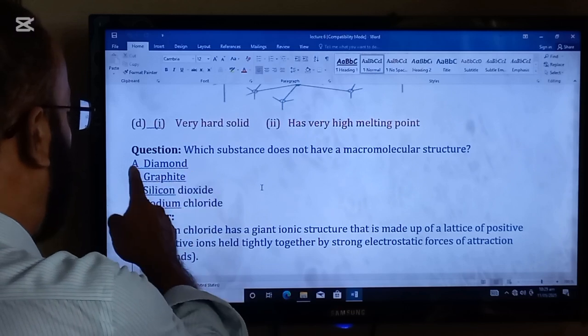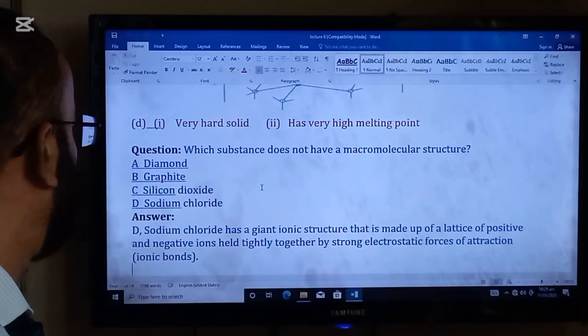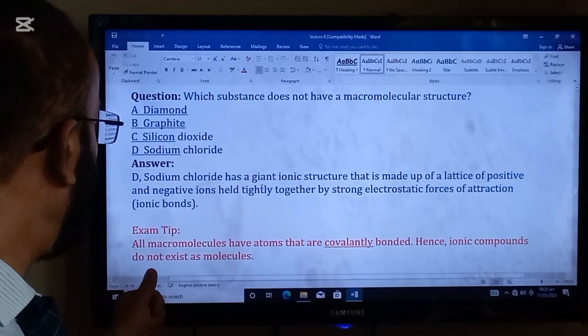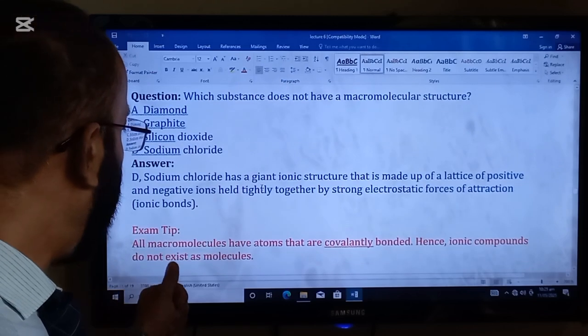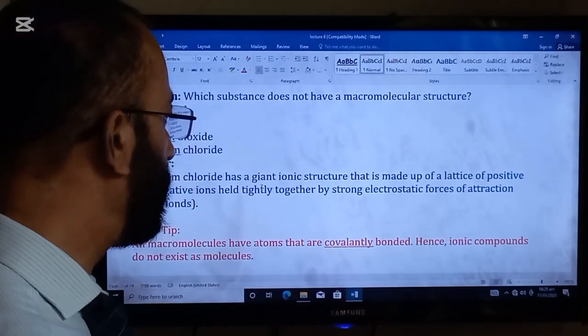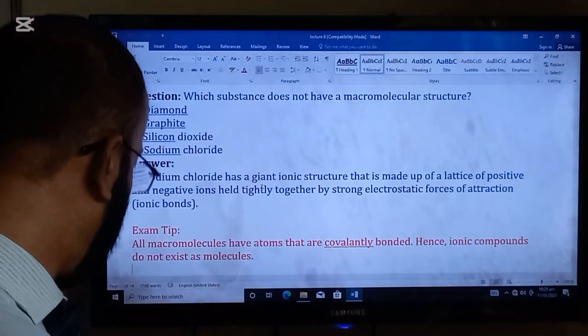Rest of all three, that is A, B and C, having macromolecular structure. Exam tip for you people is all macromolecules have atoms that are covalently bonded. Hence, ionic compounds do not exist as molecules.